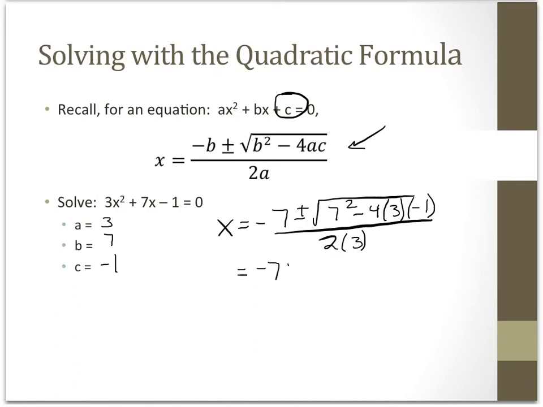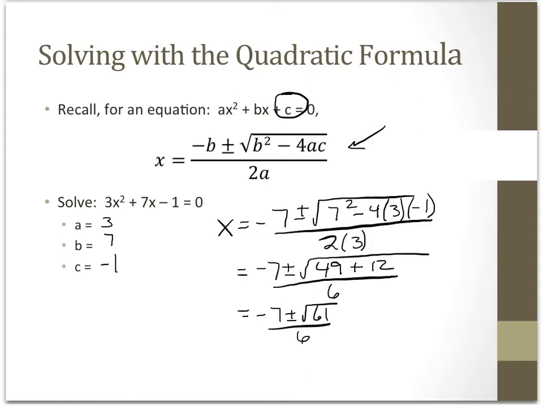So negative 7 plus or minus, let's tackle what's under the square root. 7 squared is 49. Negative 4 times 3 times negative 1 is positive 12, and that's over 2 times 3, which is 6. Well, 49 plus 12 is 61, so that's negative 7 plus or minus the square root of 61 over 6.